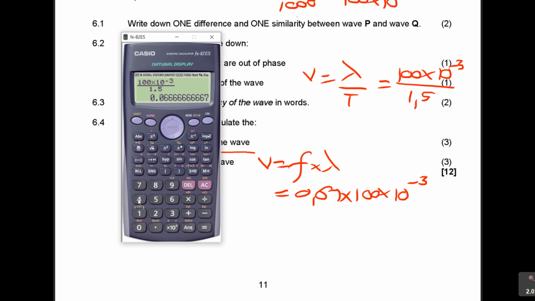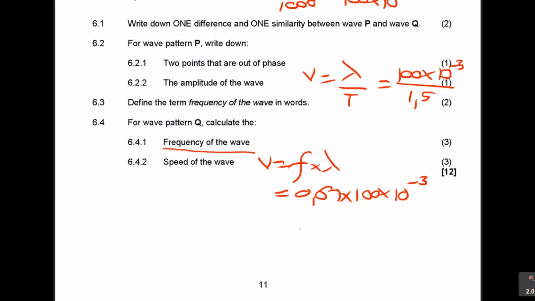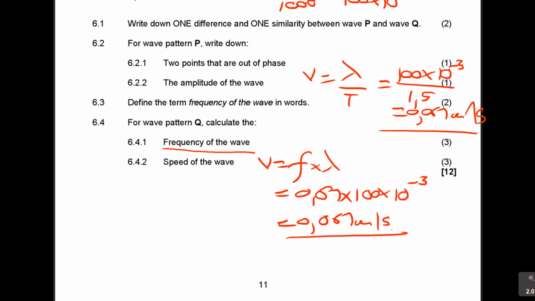Let's try the other one: 0,67 times 100 times 10 to the power negative 3. 0,067 is the same answer. So it is 0,067 meters per second. That's the velocity of the wave.